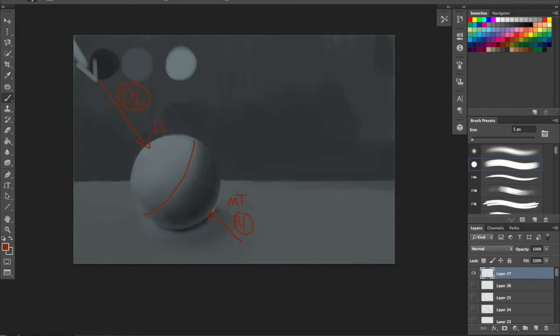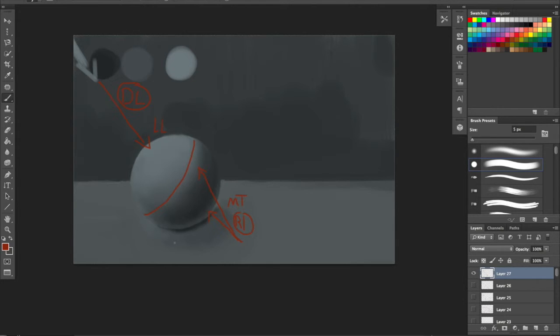And so again, those are going to be right in here. But we're also going to have midtones above the core shadow. Once again, midtones are generally illustrated by reflected light.